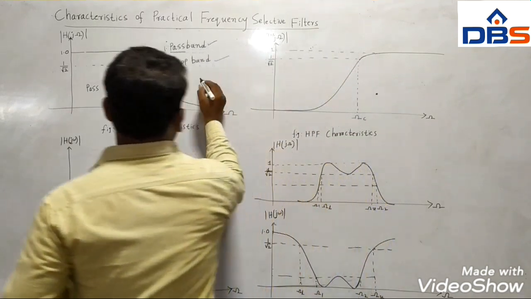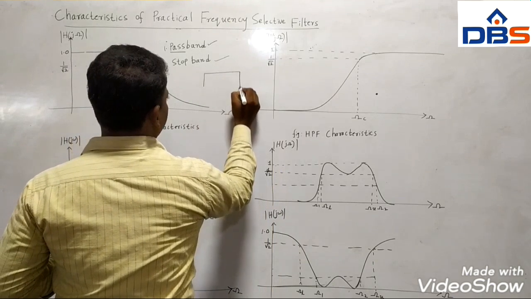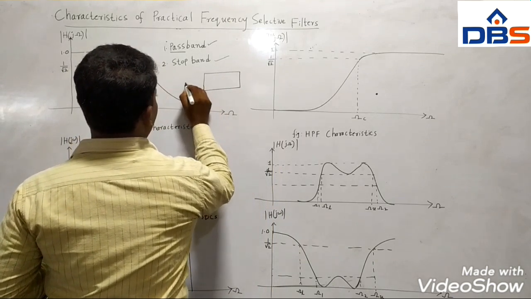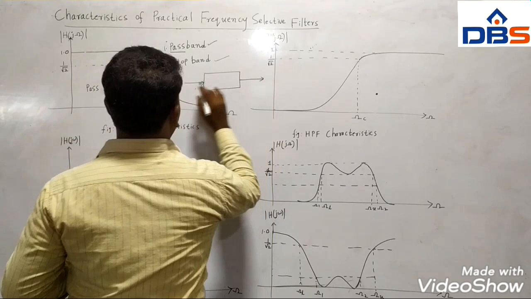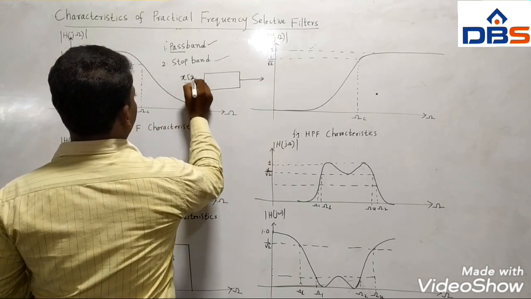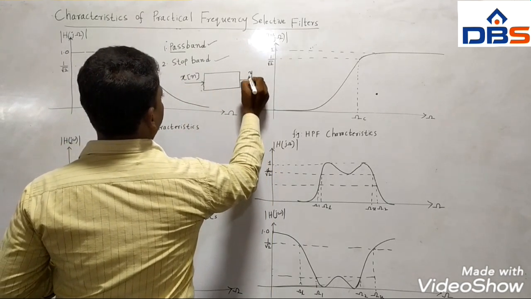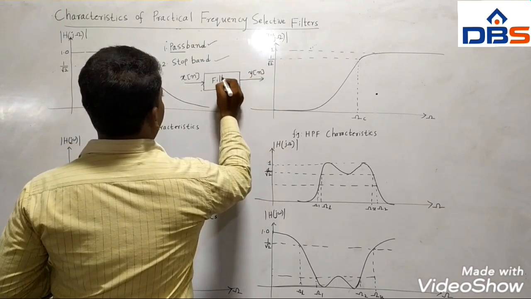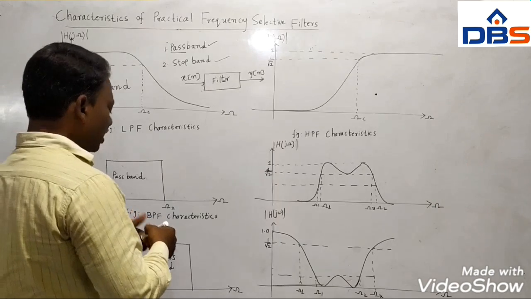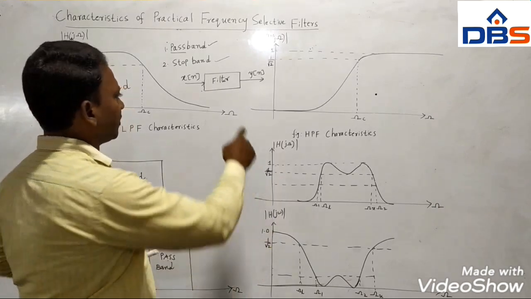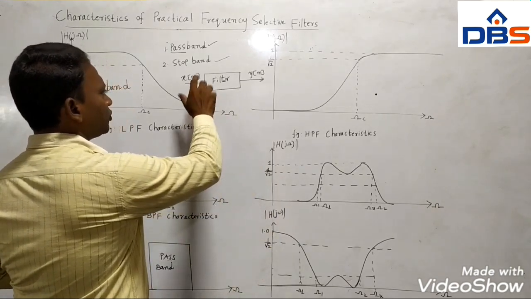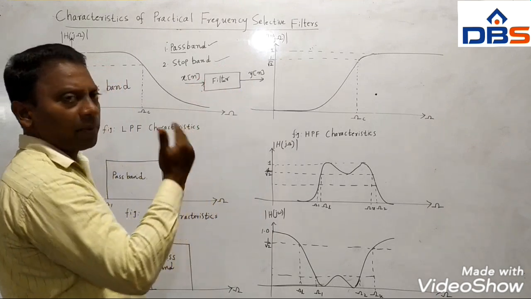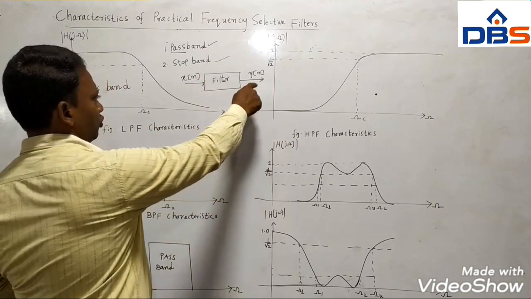Suppose I have a system or filter here. I apply the input x(n) and get y(n). Based on the requirement, you can design the magnitude characteristics of the filter so that you can stop some frequencies and pass some frequencies to the output.